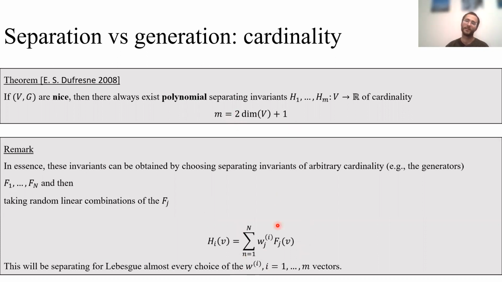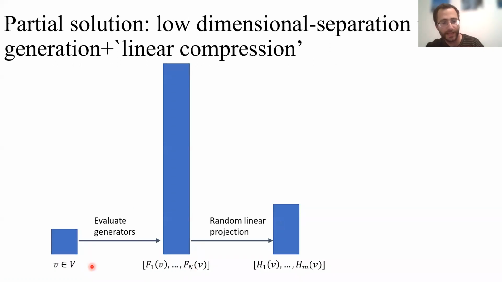So in essence, this gives you a projection algorithm. You first compute all the values of your expensive generators, or some other separating invariants which you already know, and then you project down using random linear projections, and that will be injective. But in terms of computation, that's so-so, because you still need to go through this expensive intermediate step.